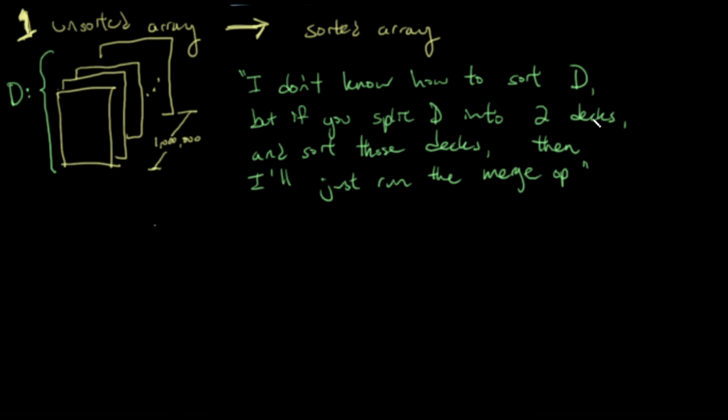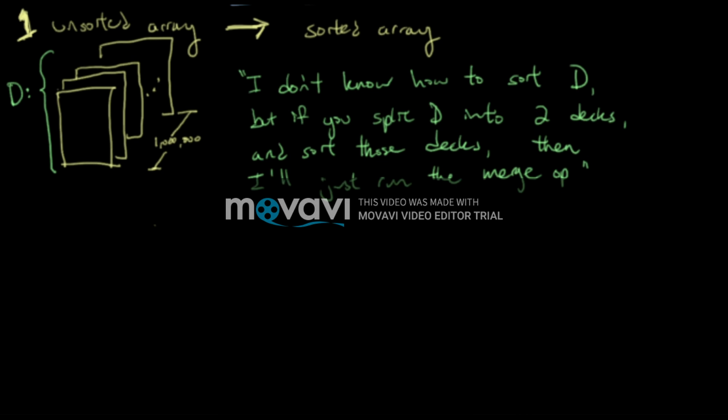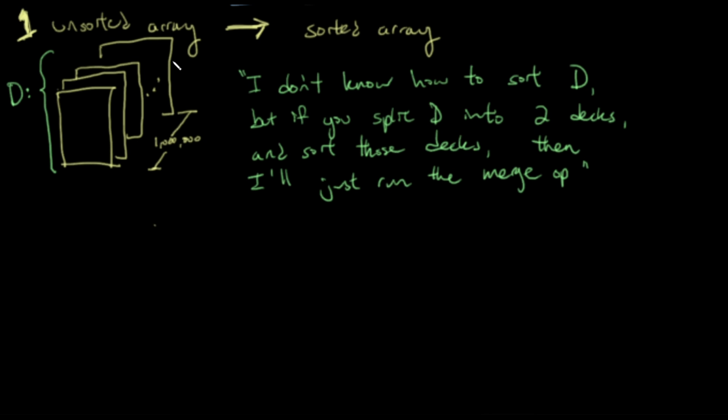And so now our problem just got reduced a little bit. Whereas before our problem was to sort this deck of 1,000,000 cards, now our problem is how do we sort two partitions, or two separate decks of cards.